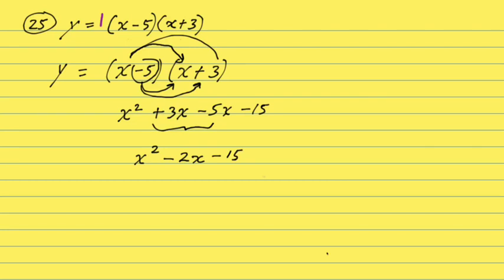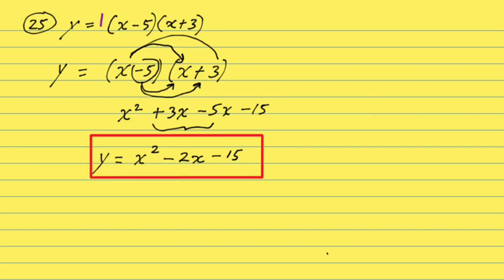And this should be what's called standard form now. Standard form is y equals ax squared plus bx plus c. So I should be in standard form. All we really had to do was just distribute this out.